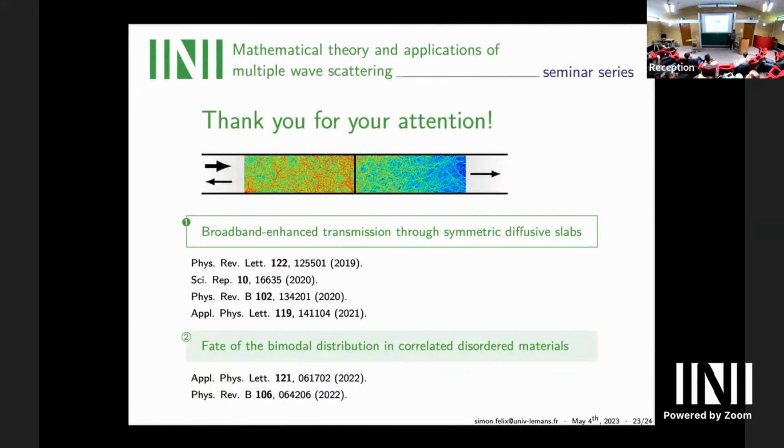But what we see is that the transmission eigenchannels related to high values of the transmission are close to symmetric or antisymmetric. And as eigenvalues get to lower values, we lose symmetry.